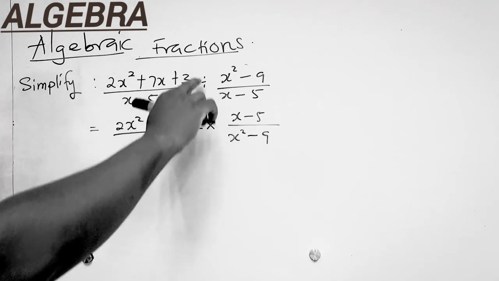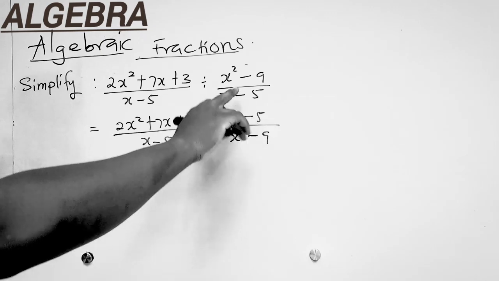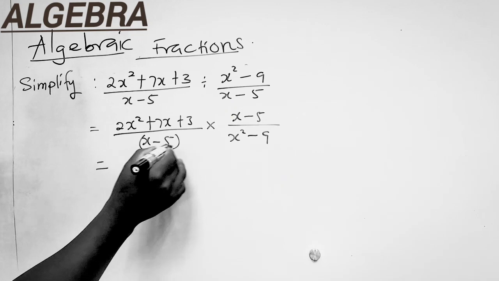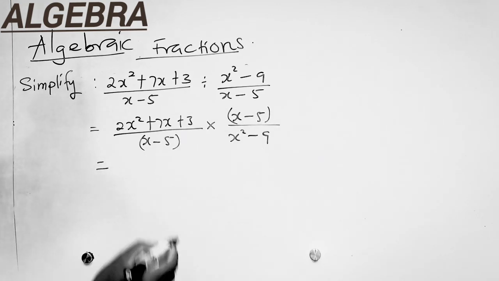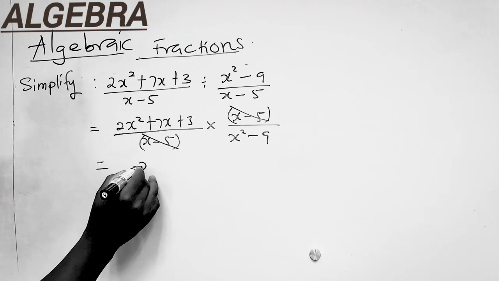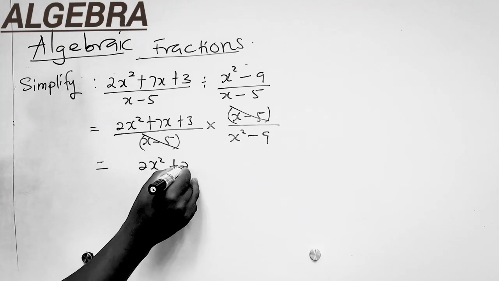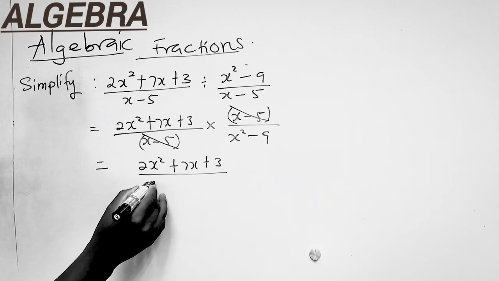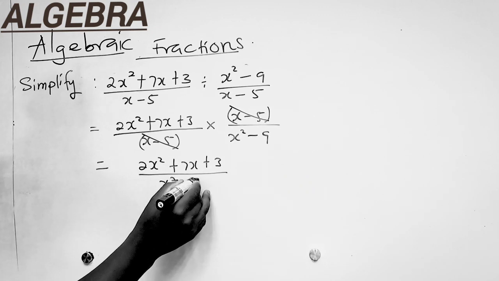After you change the sign to a multiplication sign, this divisor gets inverted. So now we can check for factorization. I can see we have x minus 5, so they can cancel each other. Then we'll be left with 2x squared plus 7x plus 3 all over x squared minus 9.